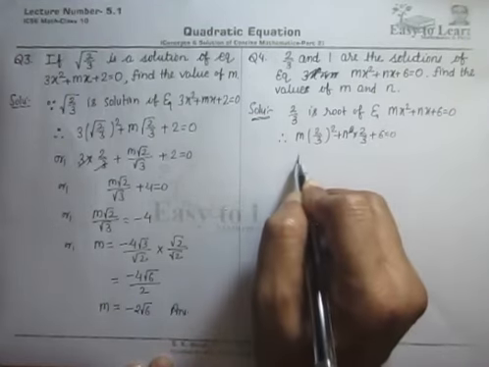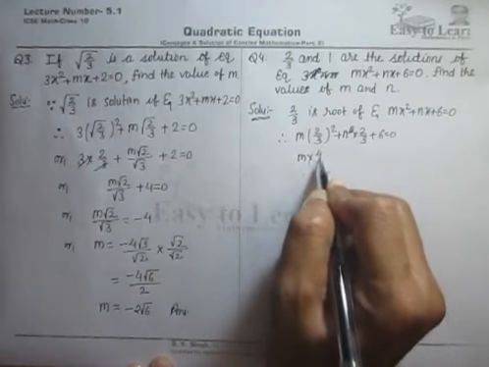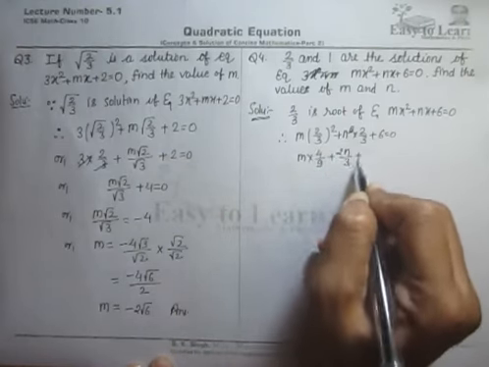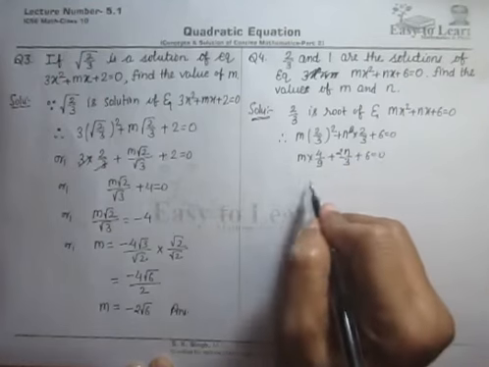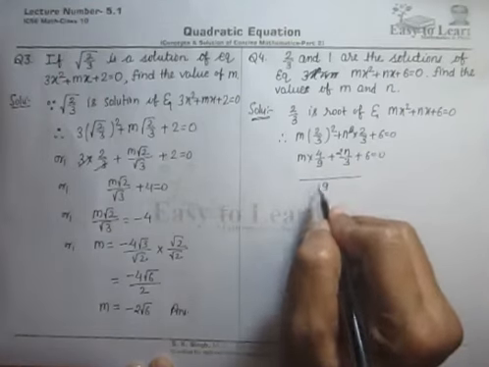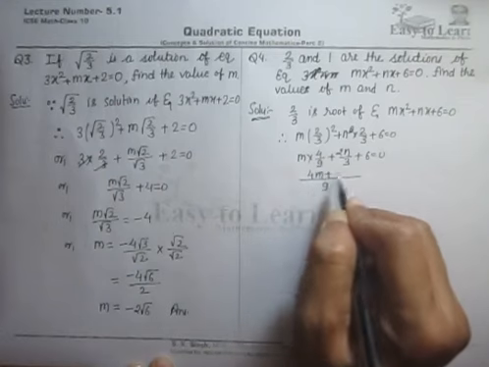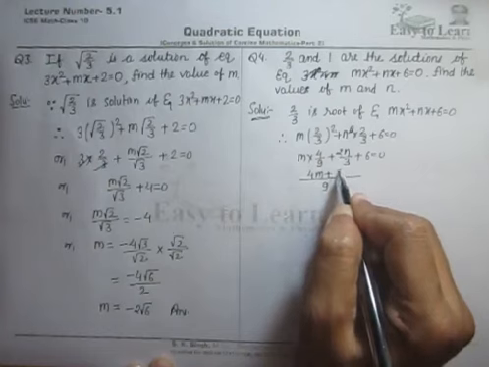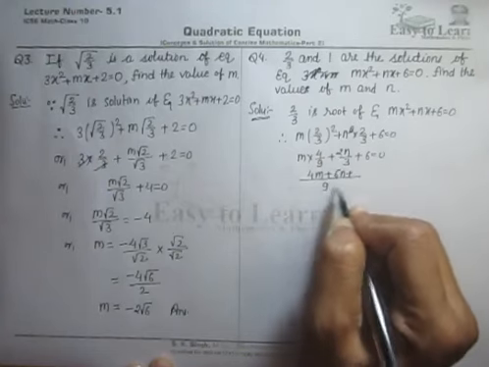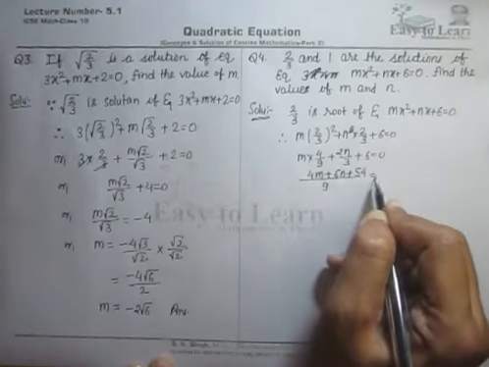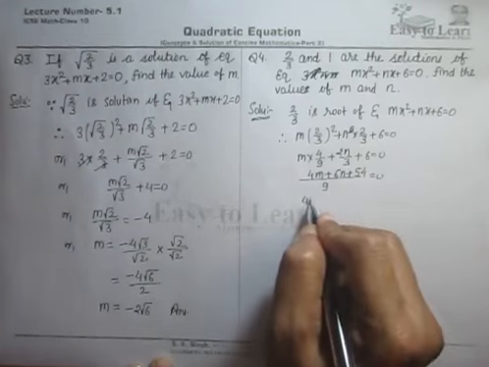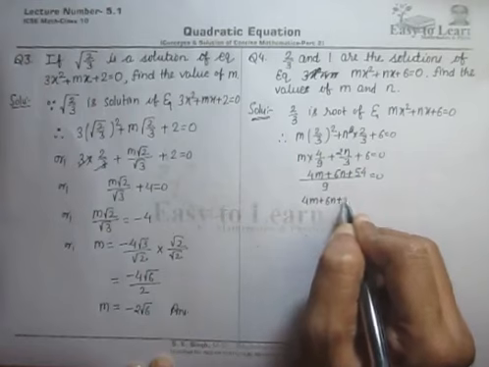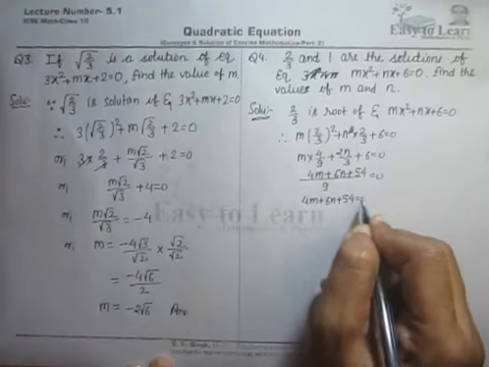So it will be m × 4/9 + 2n/3 + 6 = 0. Here the LCM is 9, so 4m + 6n + 54 = 0.